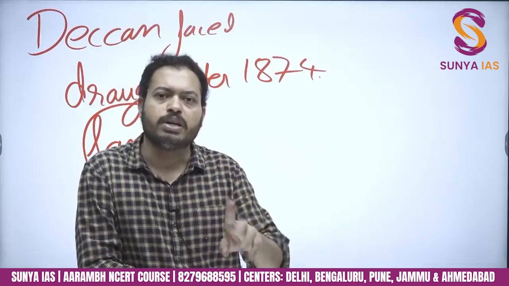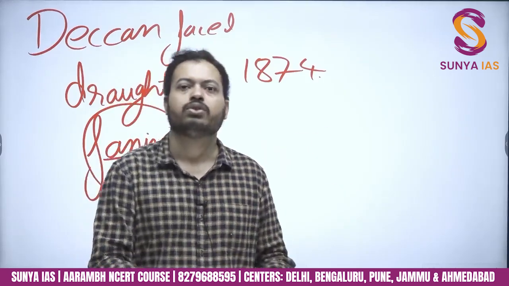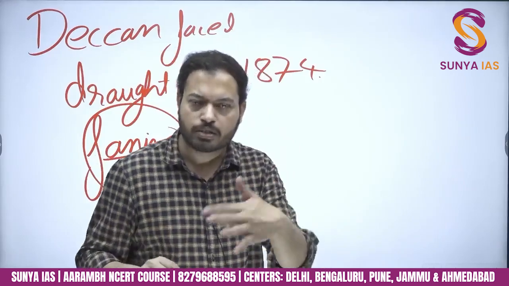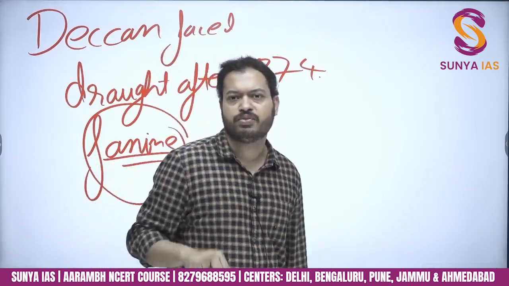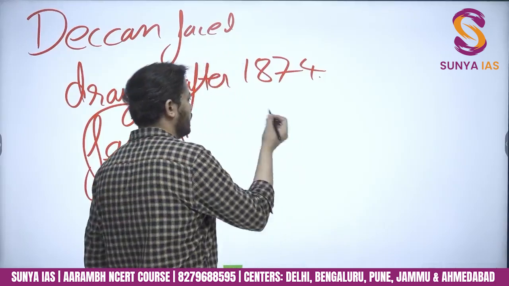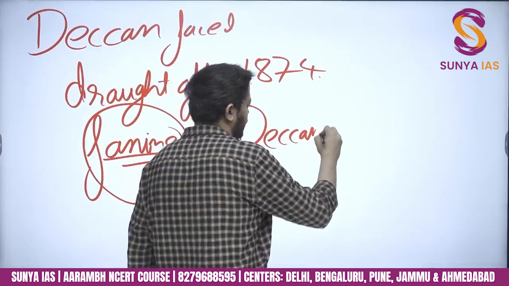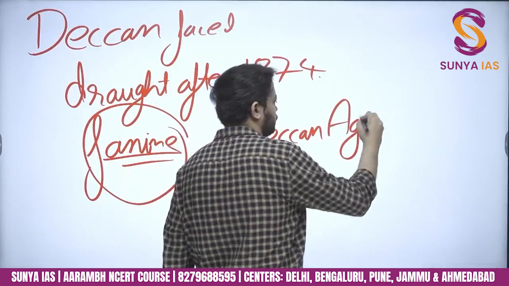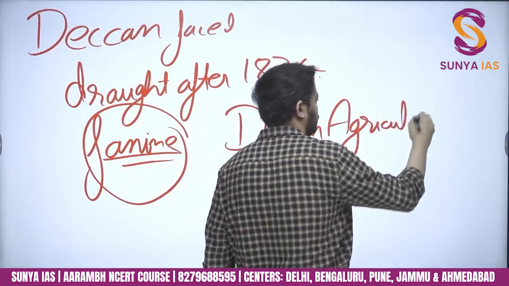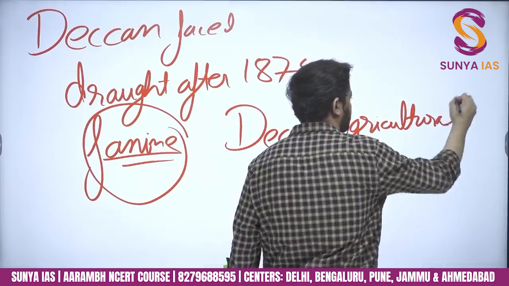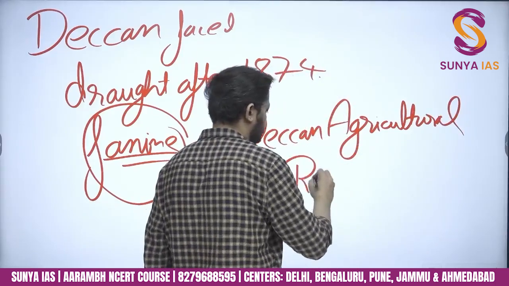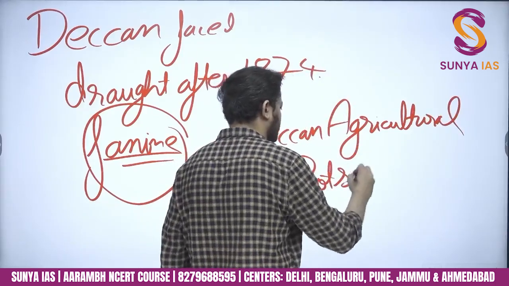The British government got involved. These riots between the Sahukars and the peasantry are famously called the Deccan Agricultural Riots, which happened in 1876.